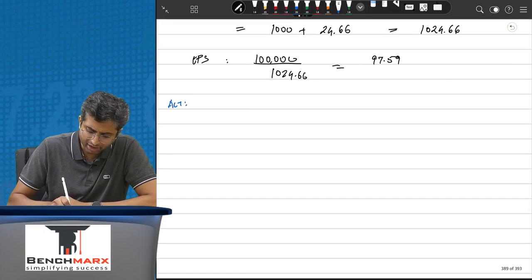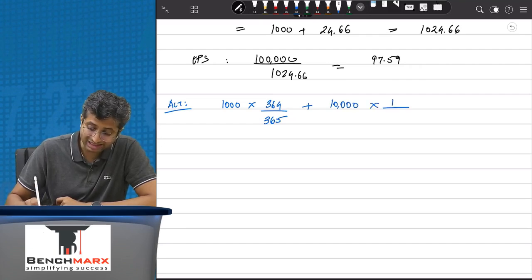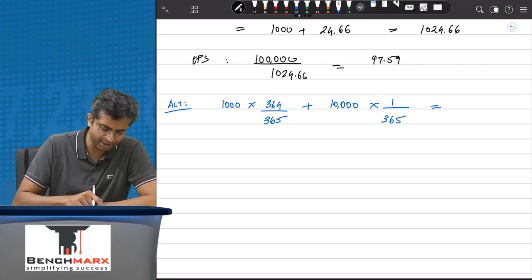Alternatively, you can also divide the year into various parts, where you can say that for 364 days in a year, out of 365 days, there were 1000 shares outstanding, but then for 1 day in a year, there were a total of 10,000 shares outstanding. So here, instead of taking each share separately, you are taking the cumulative shares. Your answer will be the same though.